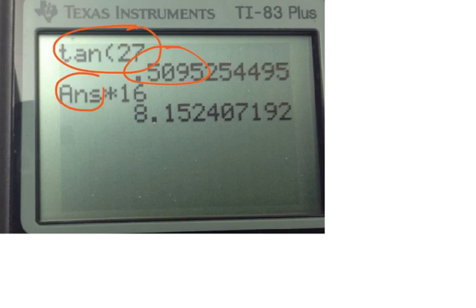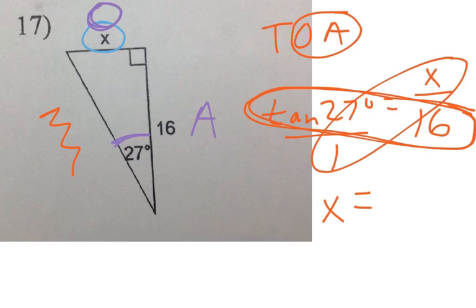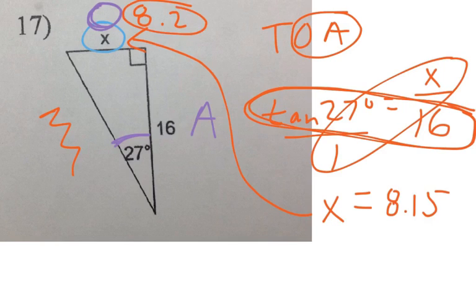And if I take that answer times 16, I get 8.15, don't I? 8.15 is 16 times the tangent. So I know this is 8.15. And so rounding off to the nearest tenth, we would just simply say that was 8.2, wouldn't we? So pause the video again if you need to.